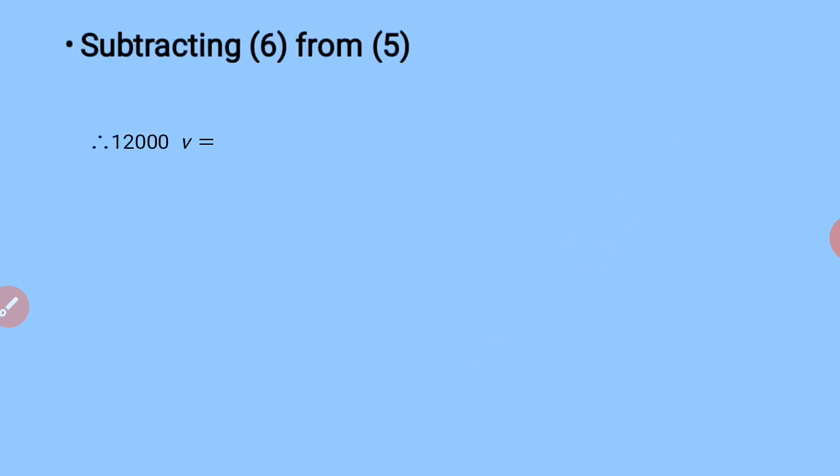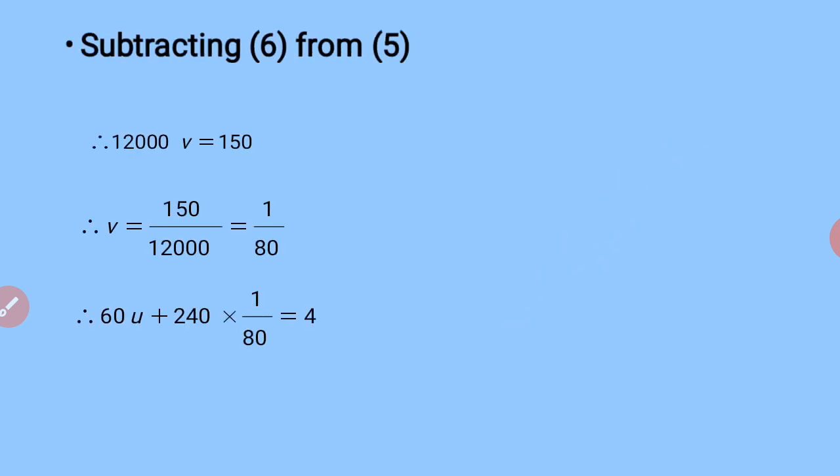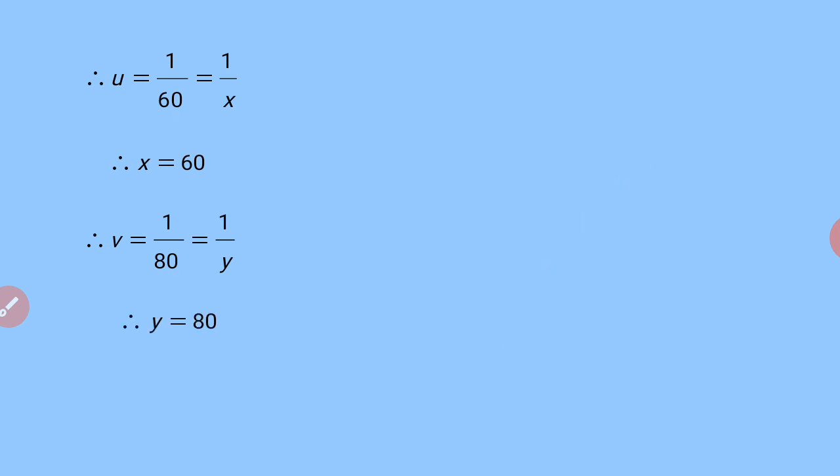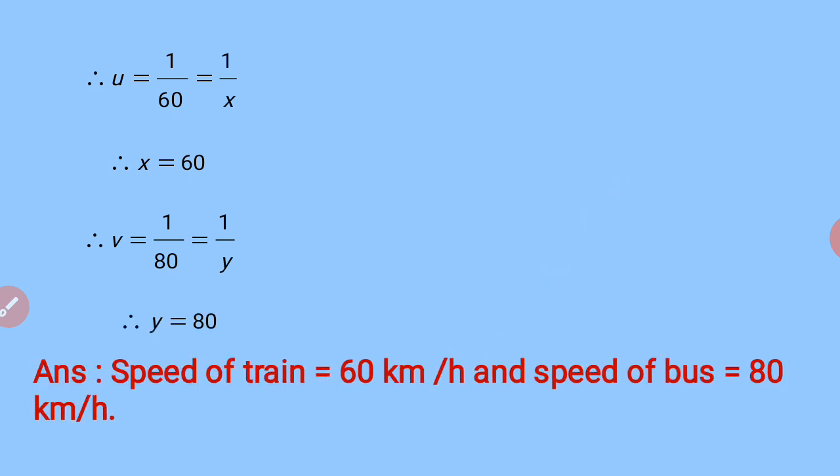We'll be quick while going through these few slides. You get u to be equal to 1 upon 60, v to be equal to 1 upon 80. So your x is 60, that was the speed of the train, and your y is 80, that was the speed of the bus.